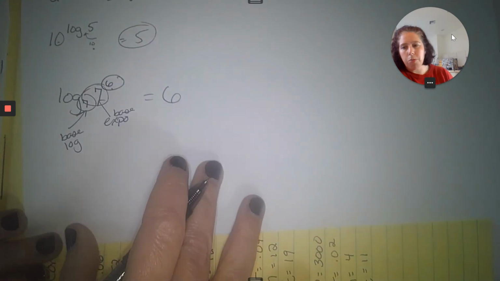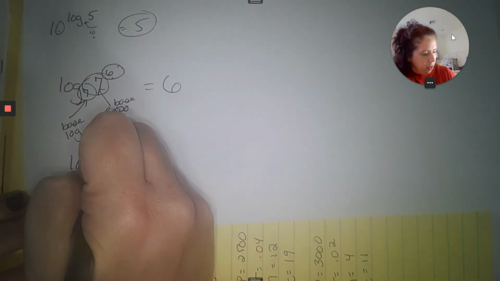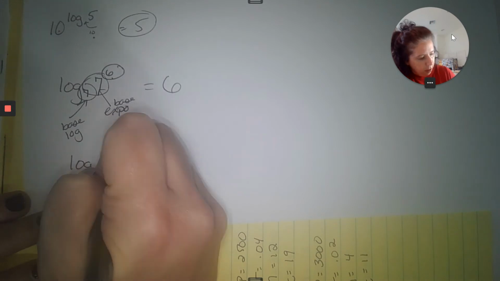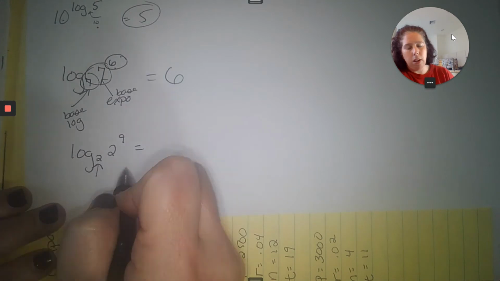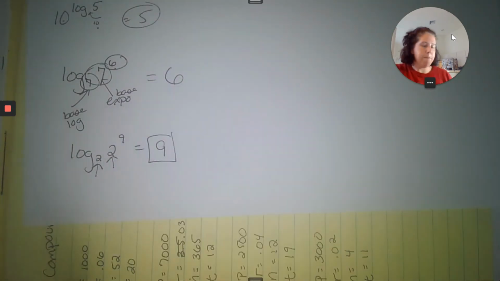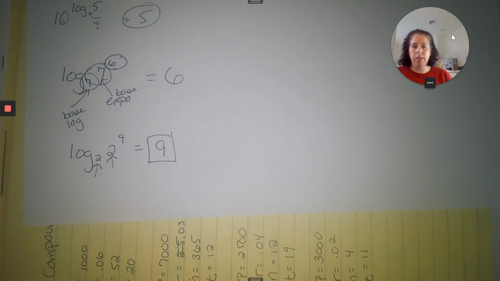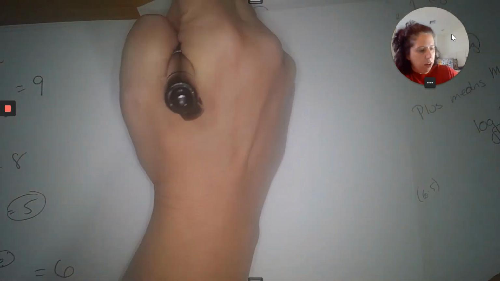Your answer is the other number. Okay, so if I give you log base 2 of 2 to the 9th, again, base of the log, base of the exponent, so your answer to this is 9. Good, bad, ugly?